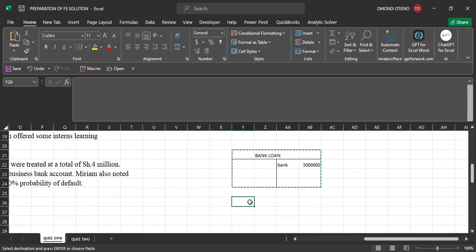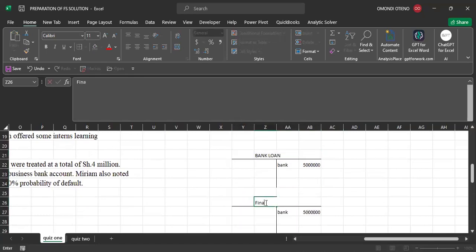So here we have finance cost. This finance cost is an expense, right? So they are charging interest of 12% per annum.